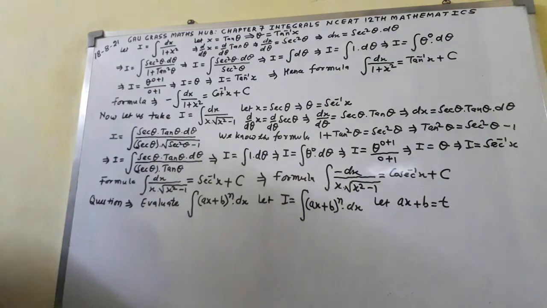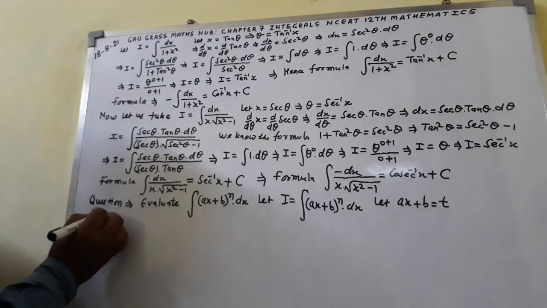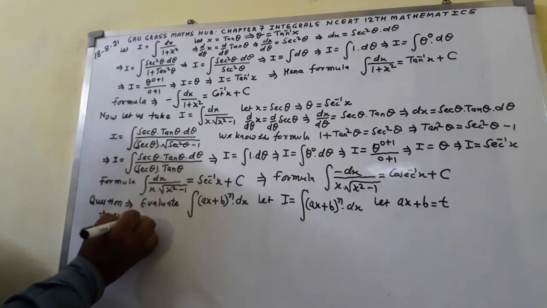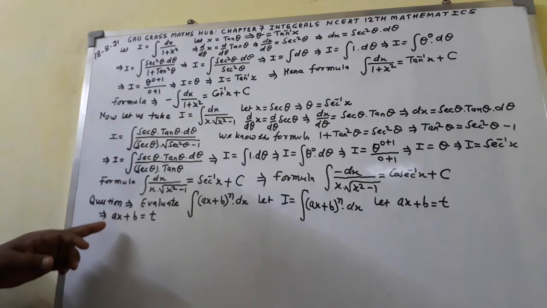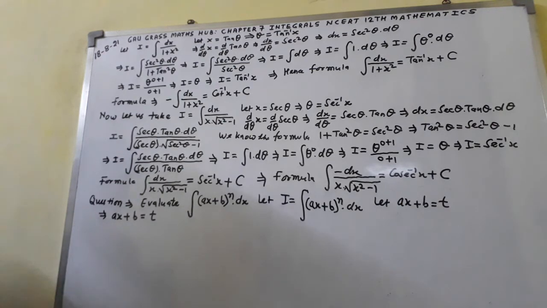Let ax plus b equal to t. Here I shall write implied that ax plus b equal to t. Now I shall find out d w.r.t. x.